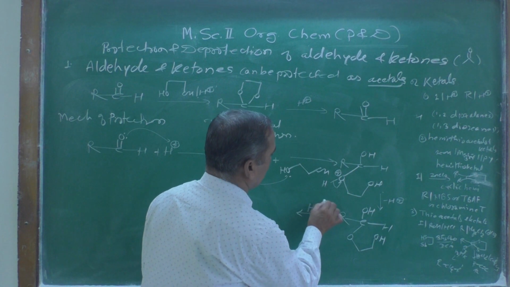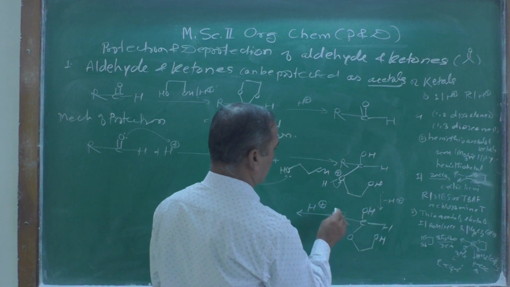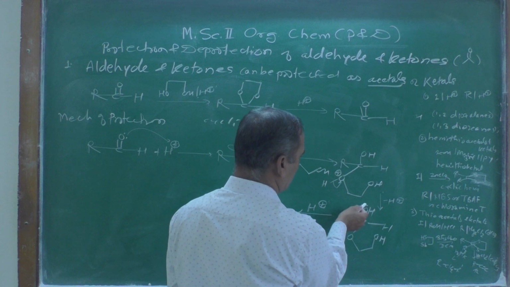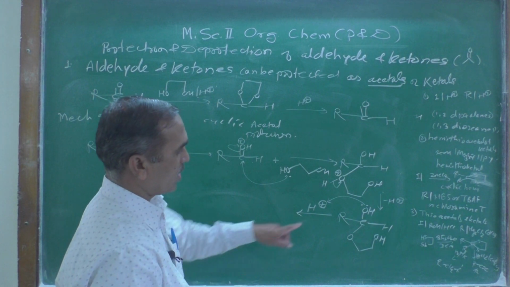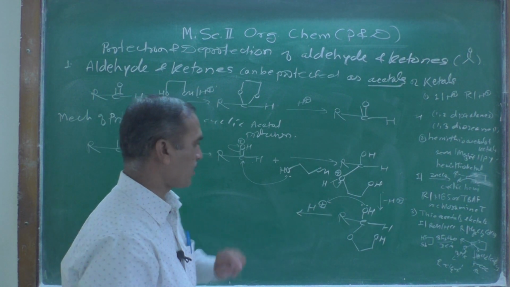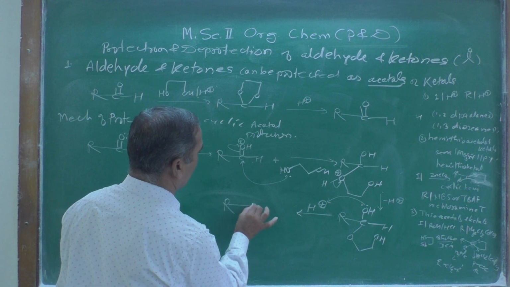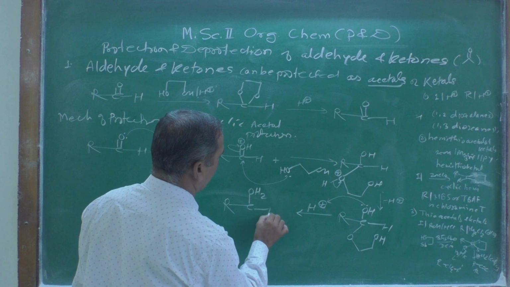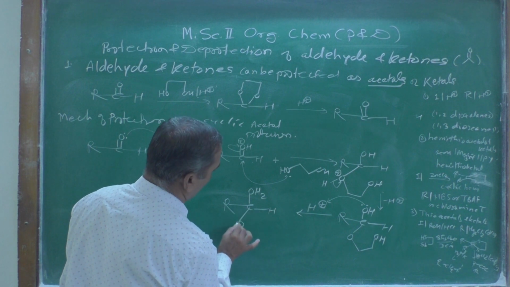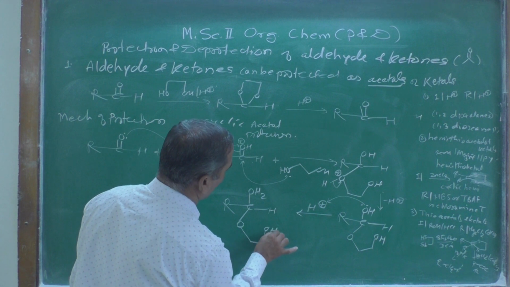Now again, the H plus which is lost over there, this hydroxyl group can pick up that proton, with the lone pair attacking that proton. What do you get? R, C, OH twice, then H, this O, CH2, CH2 and this OH.